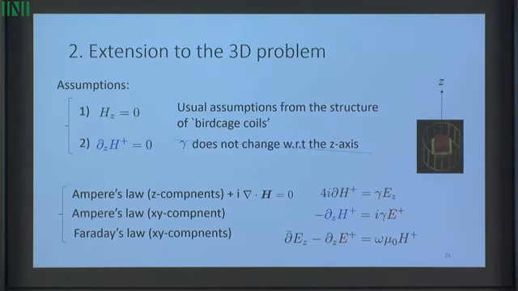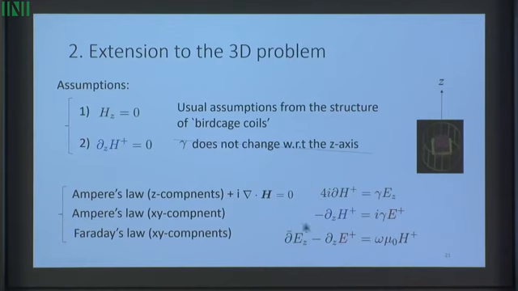Okay, so let's finally extend our 2D method to the 3D case. The first assumption still holds. But we have to remove the second assumption, that the z derivative of h plus is equal to 0. In that case, we have to put in these three terms that we neglected in the 2D model.